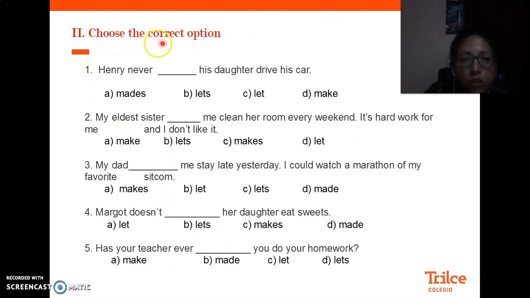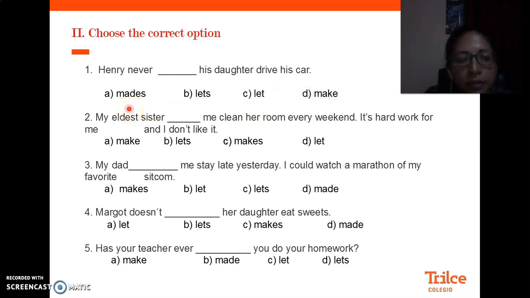Block 2. Choose the correct option. You have 5 sentences with 4 options. You have to read each sentence and then choose the best alternative for each of them. Henry never his daughter drive his car. A makes, B lets, C let, or D make.